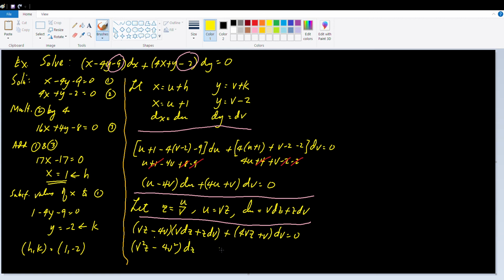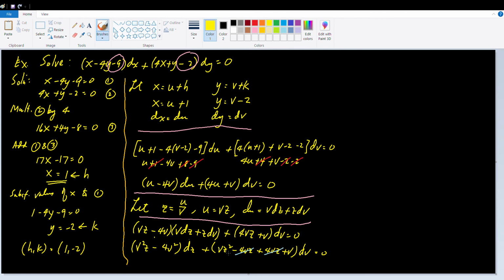And then plus vc times c is vc squared dv minus 4vc dv plus 4vc dv plus v quantity dv. So I think we can cancel negative 4vc.